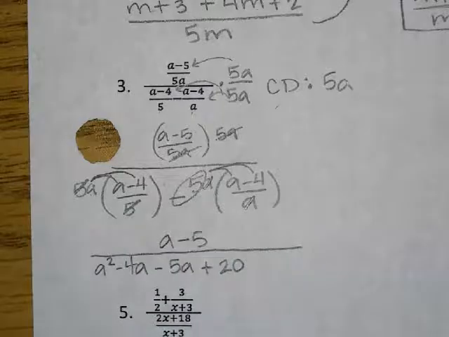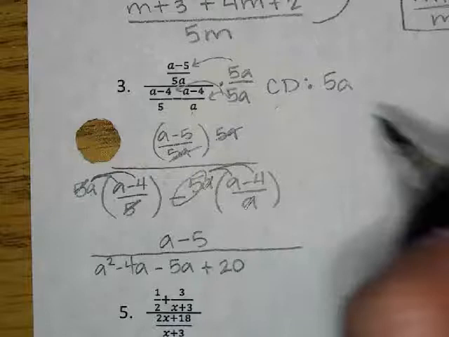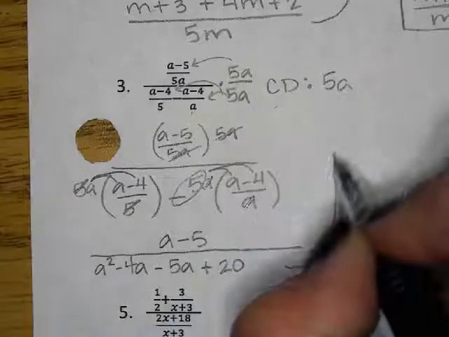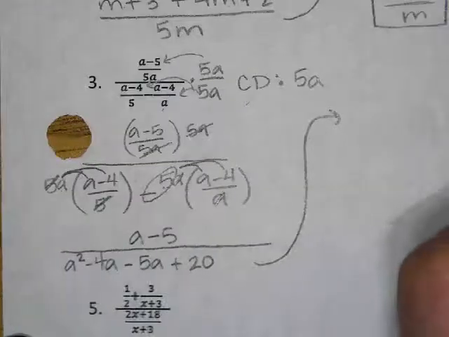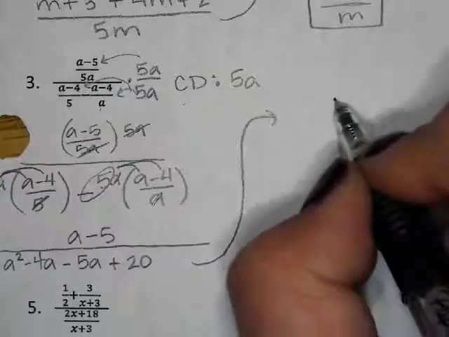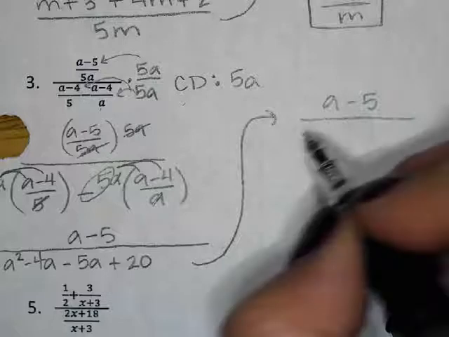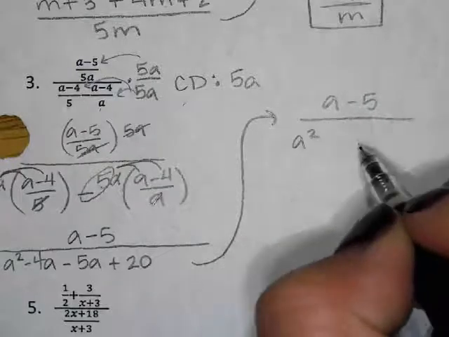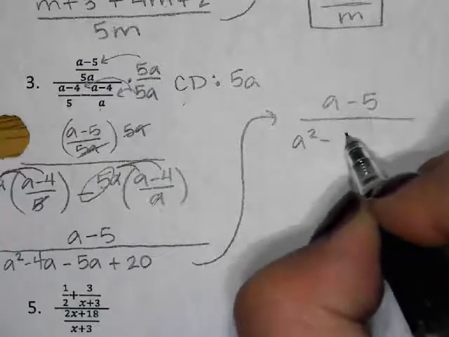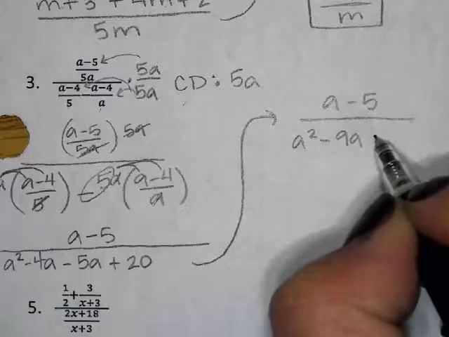Are we okay with that? Combine like terms and then factor the bottom. It will be factorable. So we have a minus 5 over a squared minus 9a plus 20.